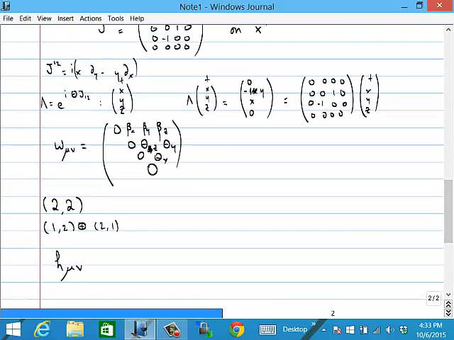A graviton would be a 2-index object that under a Lorentz transformation would transform like lambda mu alpha, lambda nu beta, h alpha beta. For those of you who've studied general relativity, you could recognize this as the transformation of the metric under a coordinate transformation.